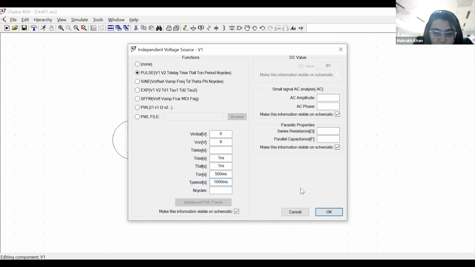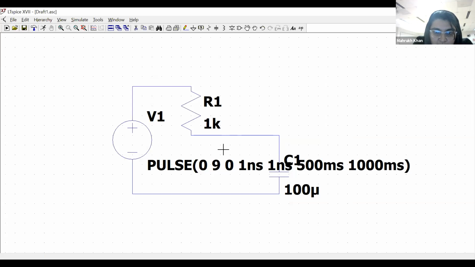Can you tell me what RC is for this circuit? What is the multiplication of R and C?